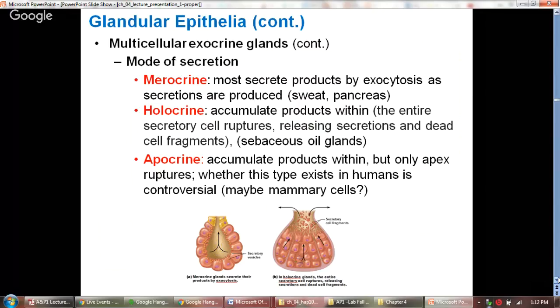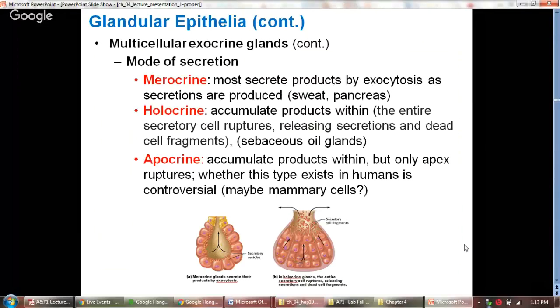With regard to the multicellular exocrine glands, based on the mode of secretion, we can divide them into merocrine glands, holocrine glands, or apocrine glands. Merocrine glands secrete most products by exocytosis, and examples would be the sweat glands as well as the pancreas.